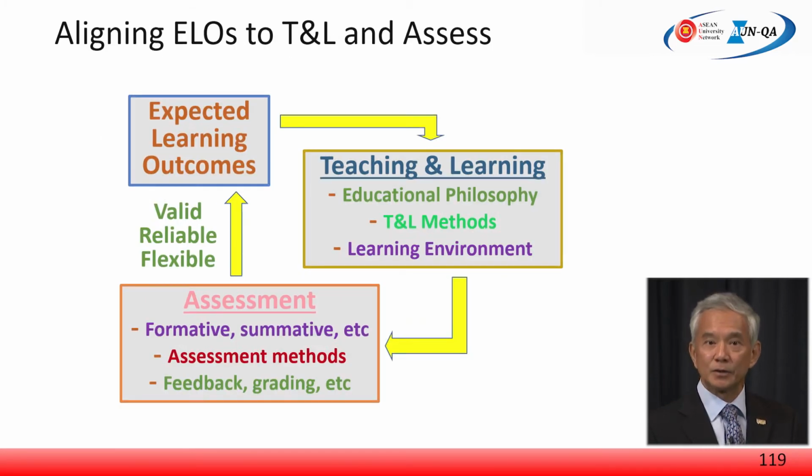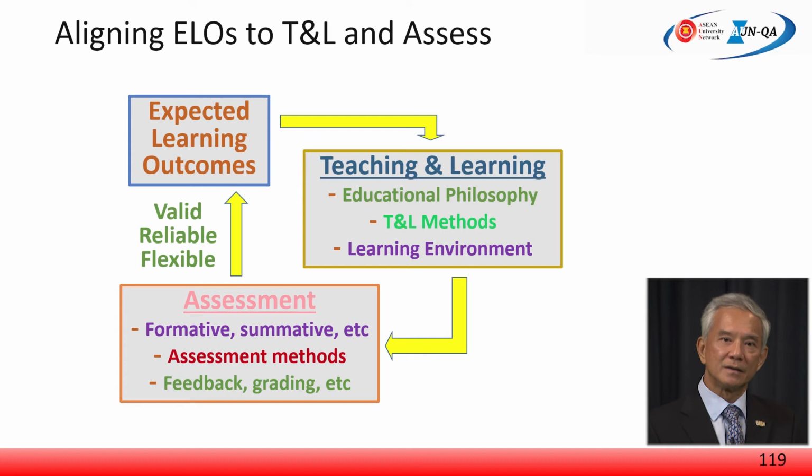We come back to the all-encompassing concept of alignment. The credit for this slide is from several AUN-QA senior assessors who developed it. From Criterion 1, the expected learning outcomes of the program need to be aligned to what stakeholders require.